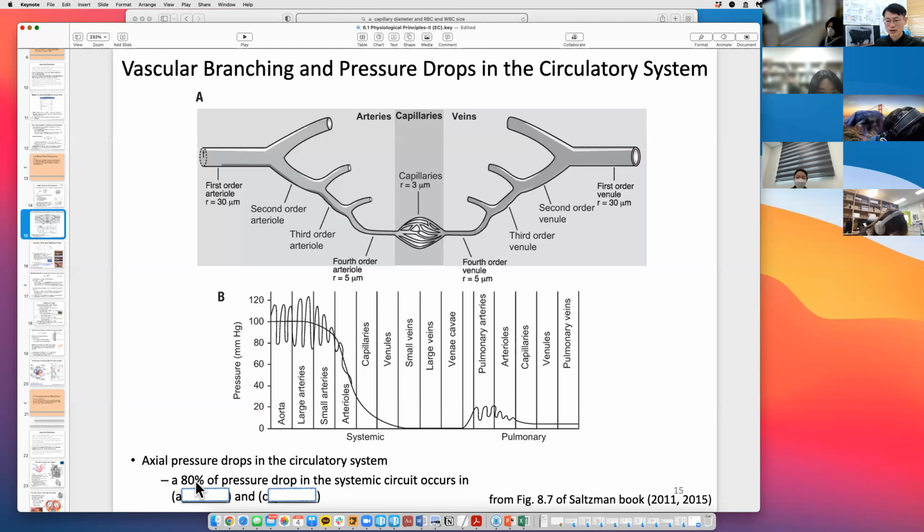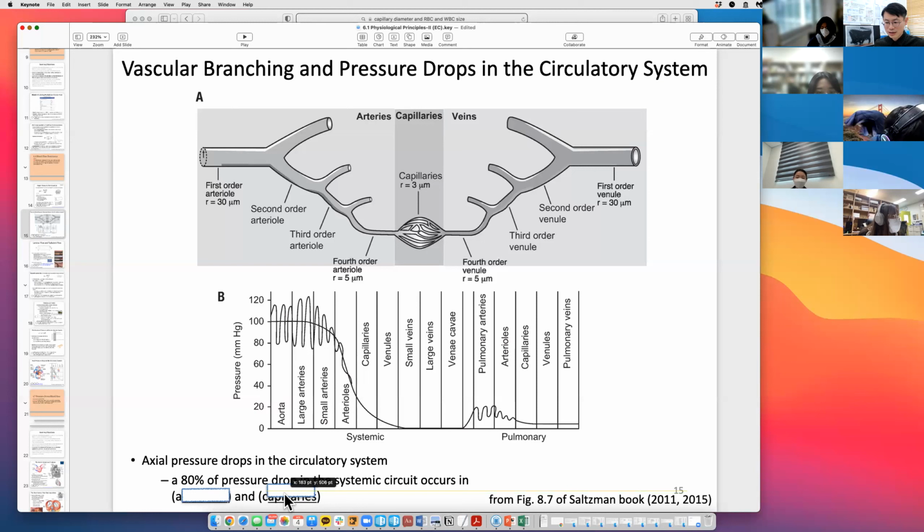So where does 80% of the pressure drop occur in this systemic circuit? I think it's arterioles. Okay, great, arterioles and capillaries. Right. You can see here it comes down small and large, small and arterioles. Arterioles it drops, and capillaries it drops further.